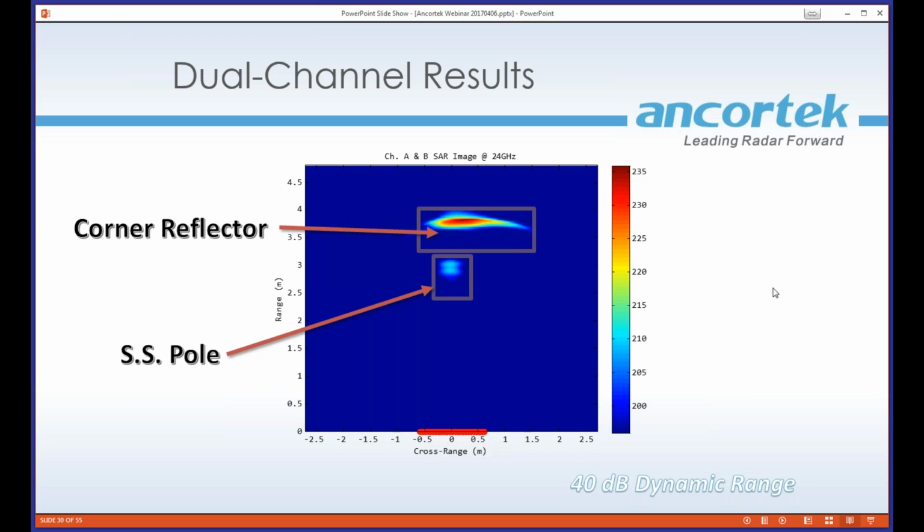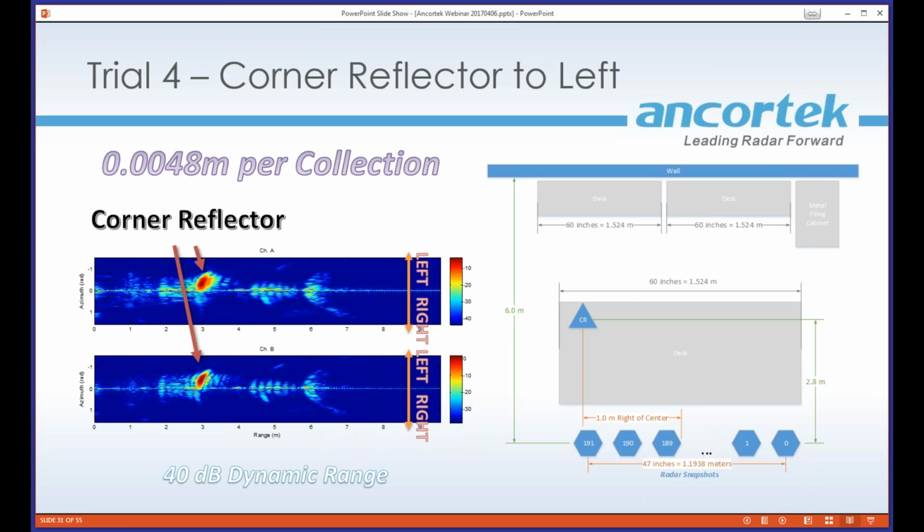All right, and let's see. So moving on. Okay, so this was another trial we did. Essentially, we wanted to start figuring out what the extents are that we can do with the rail. So we ended up taking many more collections per sweep. We got it down to 0.0048 meters per sweep.